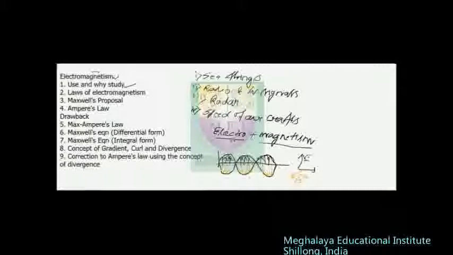Now let's talk about what we mean by Maxwell's laws of electromagnetism. When we talk about laws of electromagnetism, there are basically four laws. The first law is very important. You must have heard about this in your earlier classes.